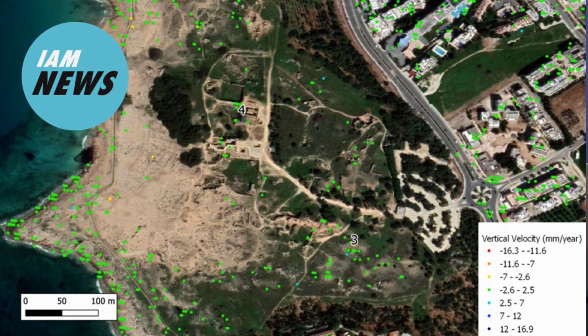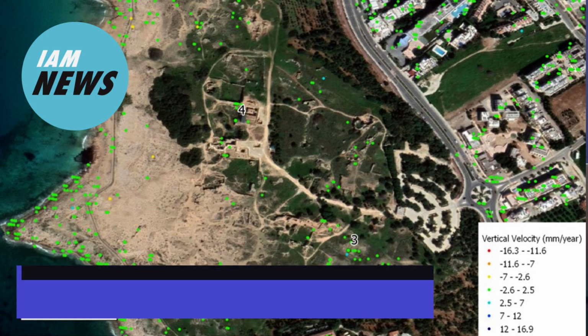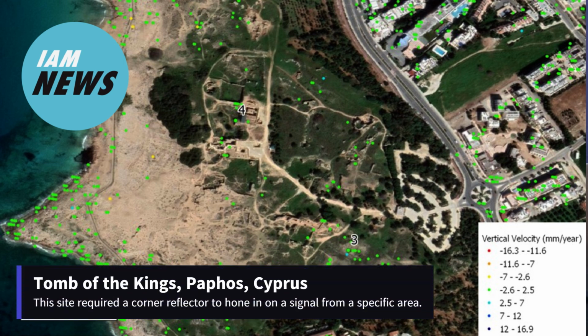A good example is the building on a site with restricted access I referred to at the beginning. Settlement data was needed for specific locations, and this was provided by InSAR data following the installation of corner reflectors.